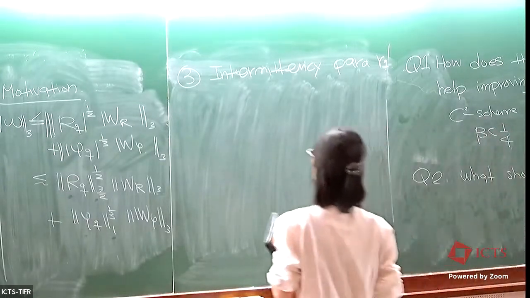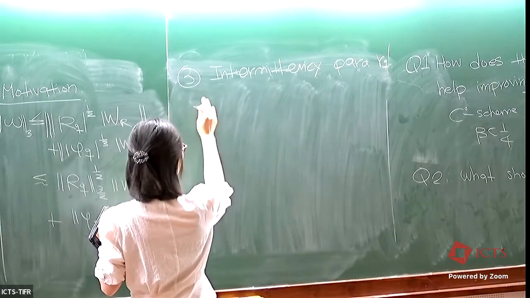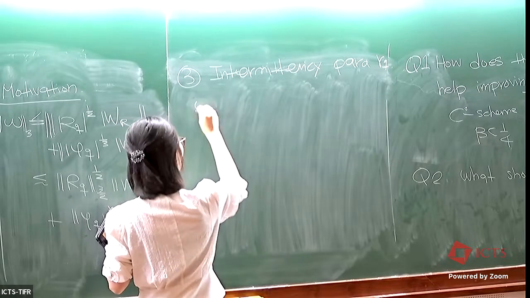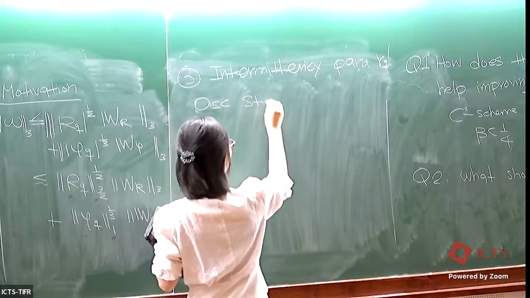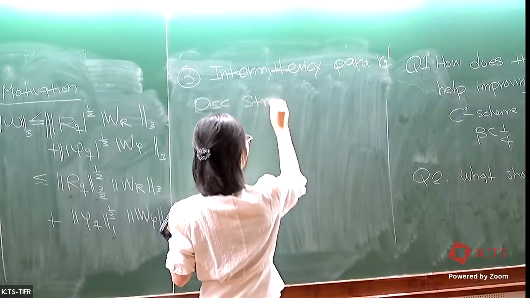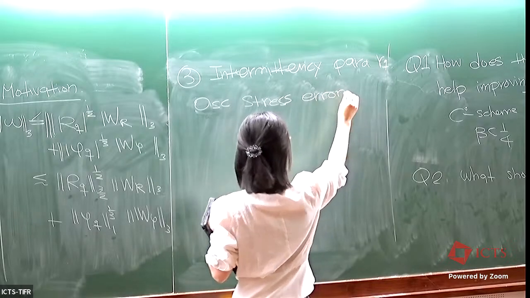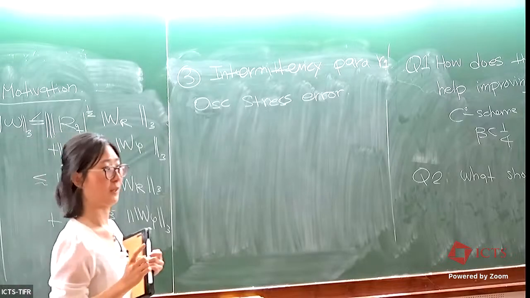So let's consider the oscillation stress error in L infinity norm space, which will actually give a lower bound of this R.